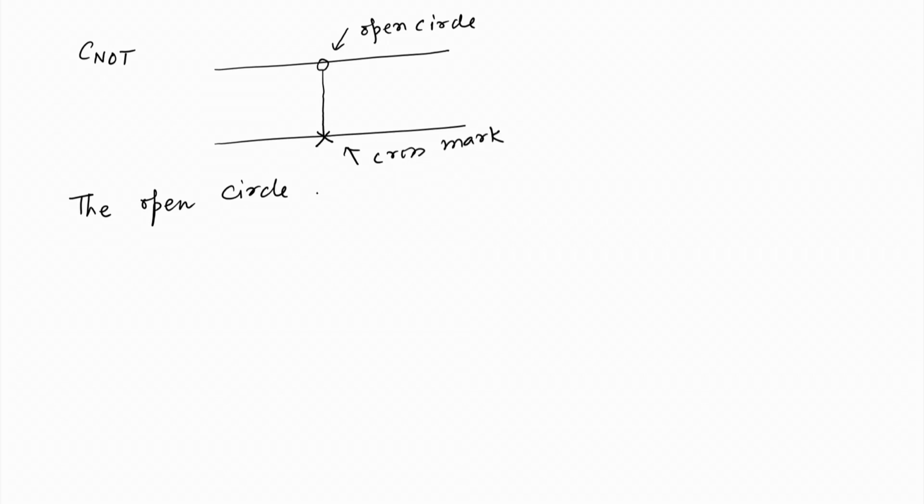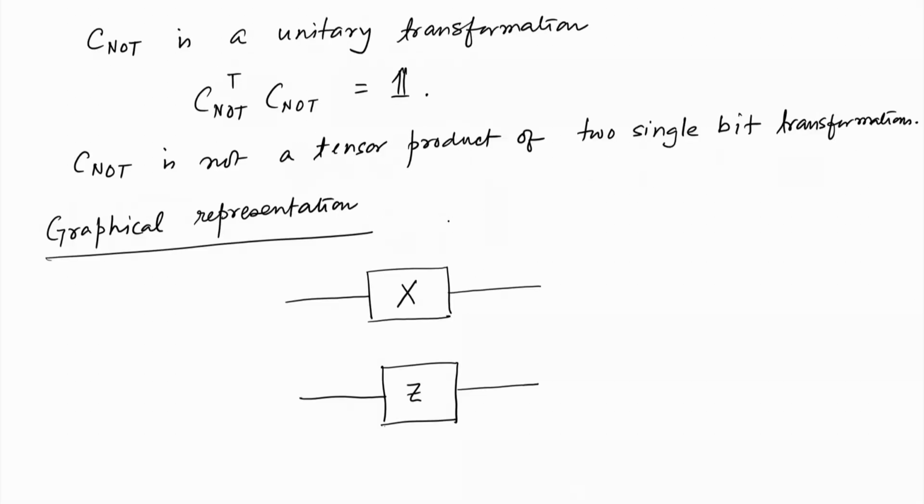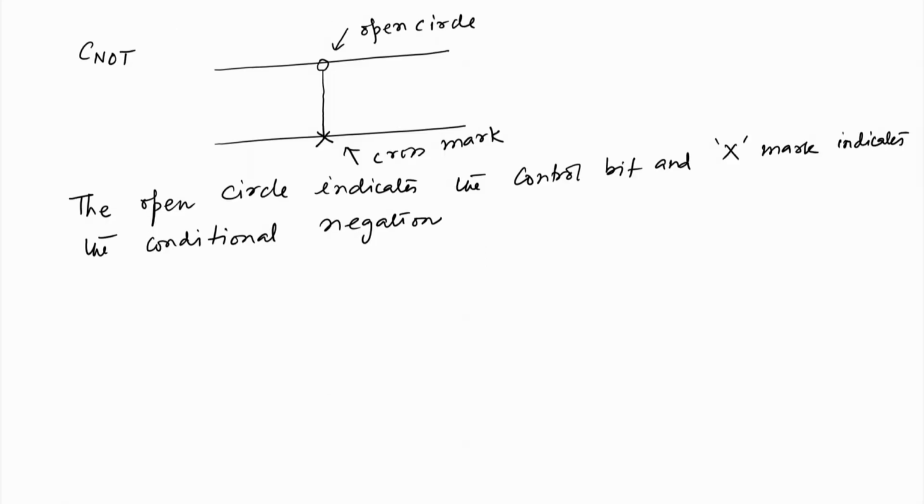The open circle indicates the control bit and the cross mark indicates the conditional negation of the subject bit.